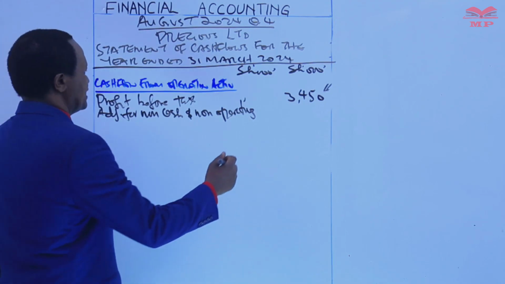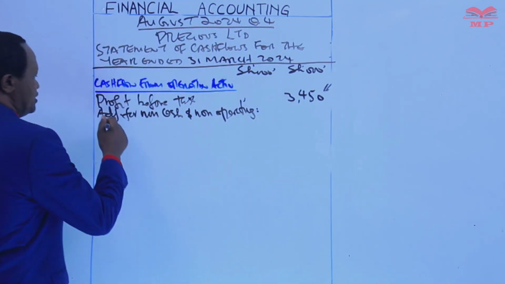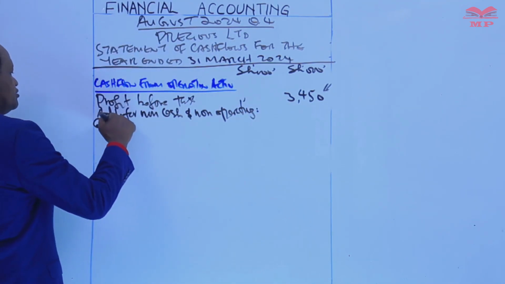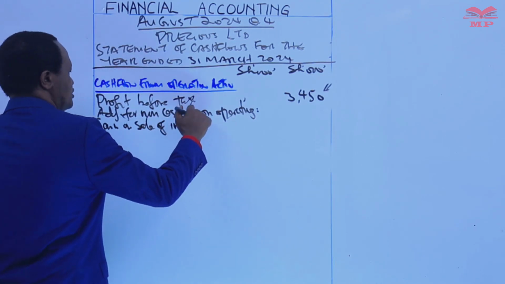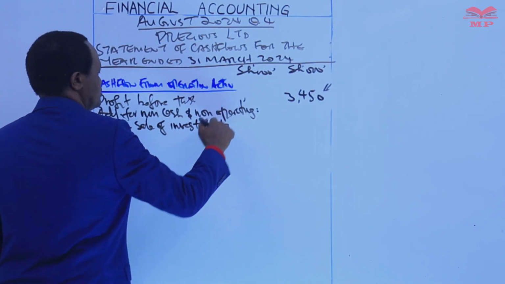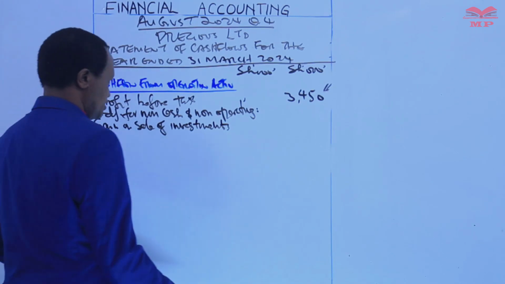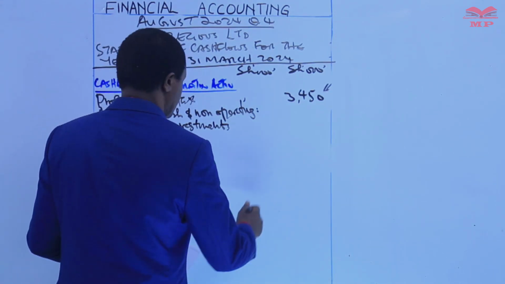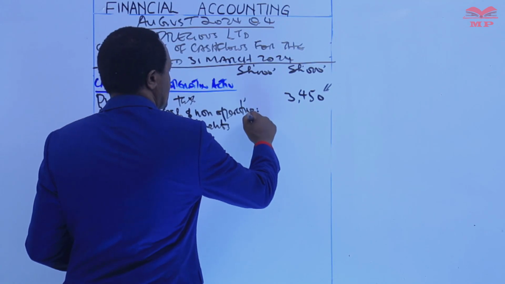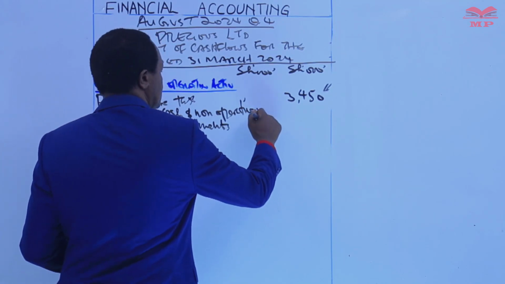That is one non-cash item. How much is it? 1.8 million.